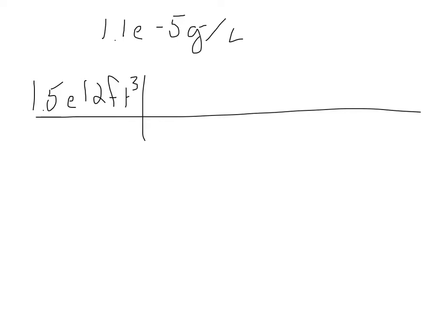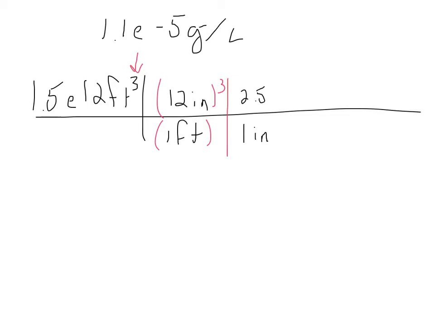So first thing is, obviously we have feet, and 1 foot is 12 inches. But if you look here, this is feet cubed, so we need to cube these values. So you're cubing 12. Then the next step is we're going to go to centimeters, and we can say 1 inch is 2.54 centimeters.